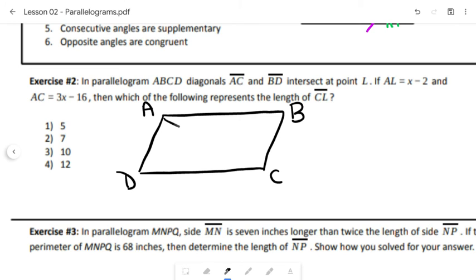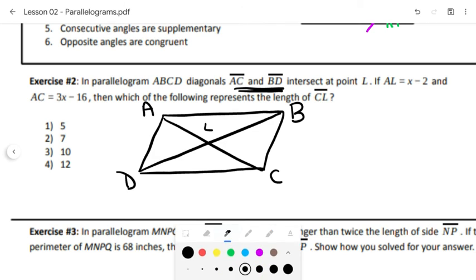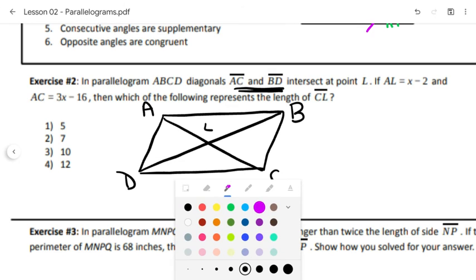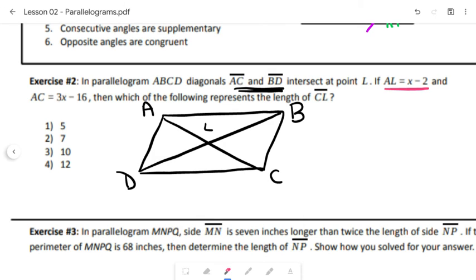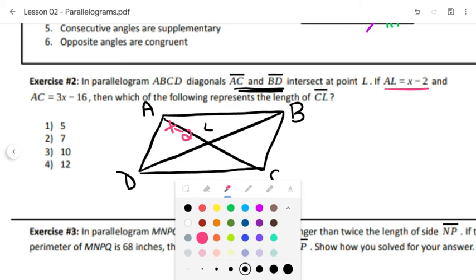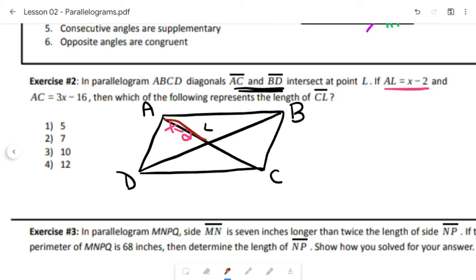Okay, and then I also had AC drawn in and BD, which makes sense because if I don't have the diagonals drawn in correctly, then those don't exist, AC and BD. So we have to make sure we're good. This intersection point is L. Then we know AL is x minus 2. And we know AC, this entire thing, is 3x minus 16.